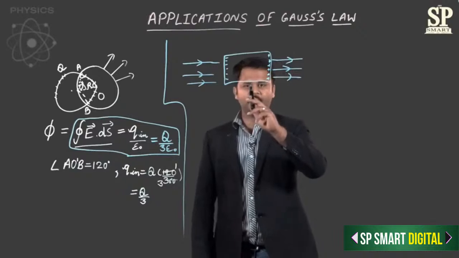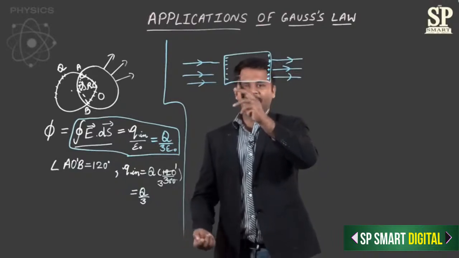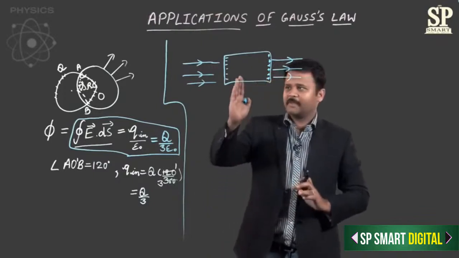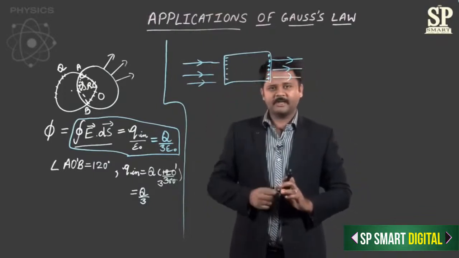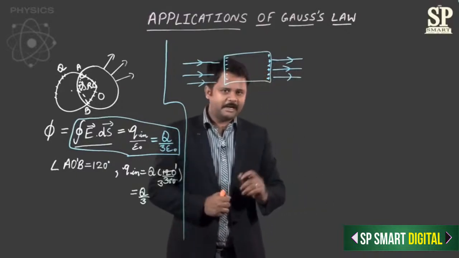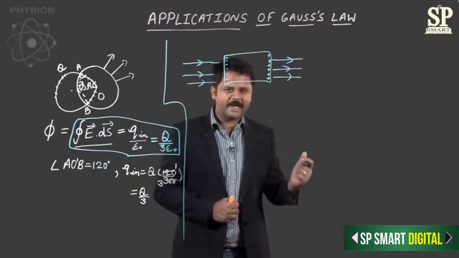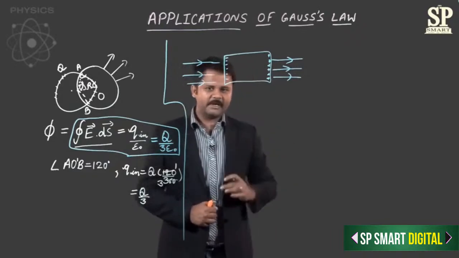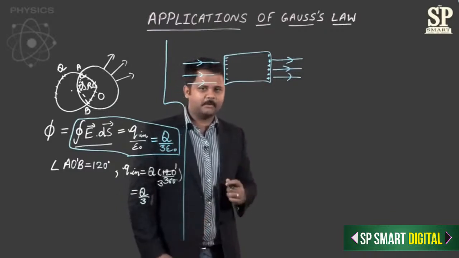Similarly, if the electron resides here and moves there, what will happen is the induced electric field will keep on increasing, and it will increase to such an extent that the induced electric field will become equal to the external electric field, and the resultant electric field at any point inside here will become equal to 0.